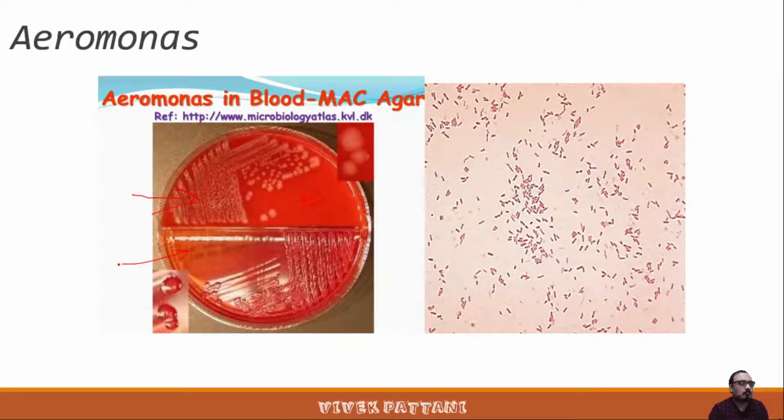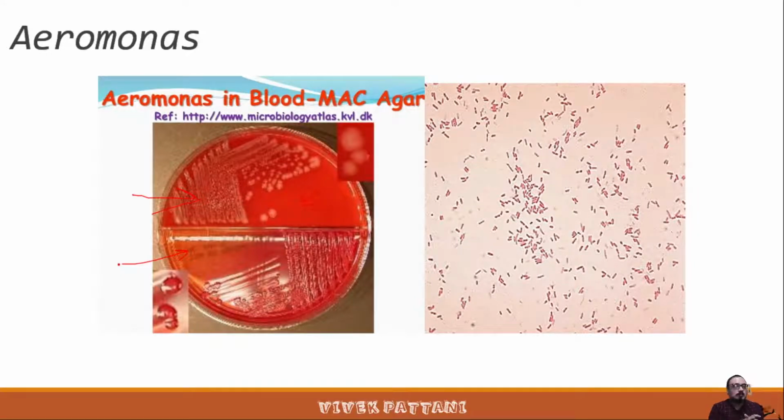In blood agar, normally sheep blood is used, and in chocolate agar also blood is used. But the main difference lies in its sterility. As you all know, the blood of a human being or sheep is usually sterile, and it will be not sterile only in the case of disease.